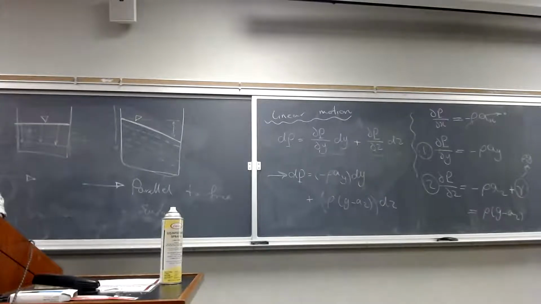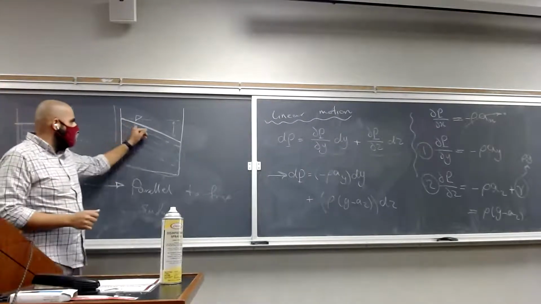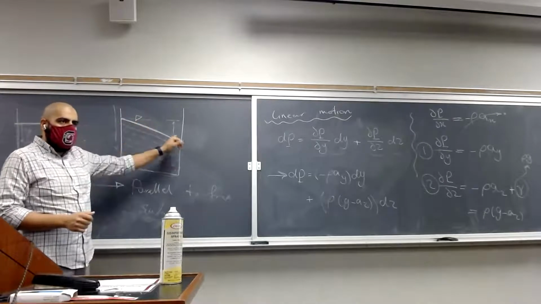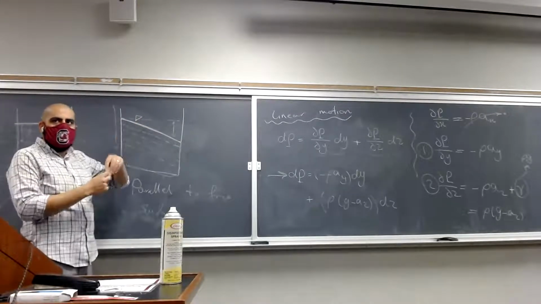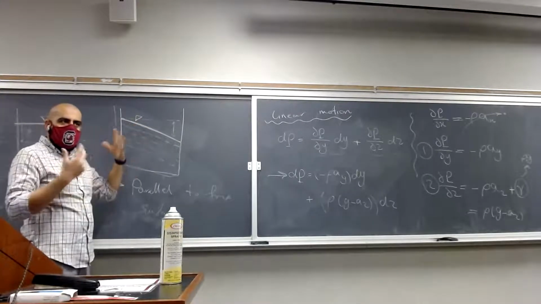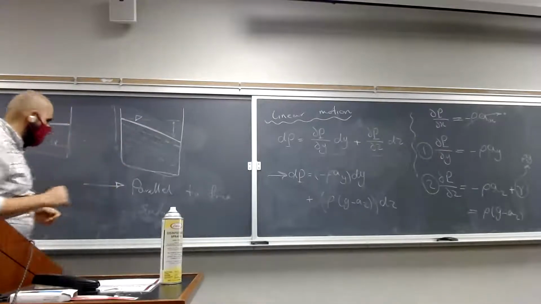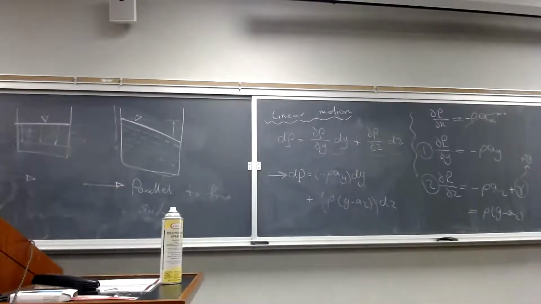Okay, and again, the goal here is to find the slope of this constant pressure line, right? You want to find this, because if you have the slope, you can essentially have everything. And we're going to see that in examples.